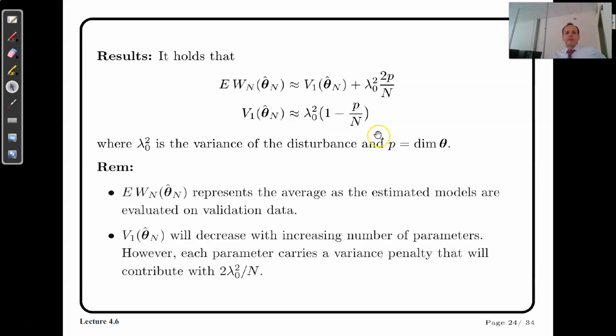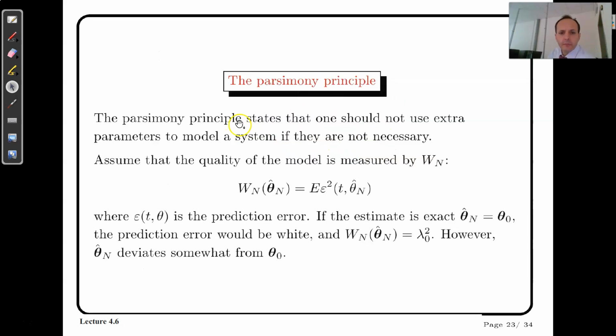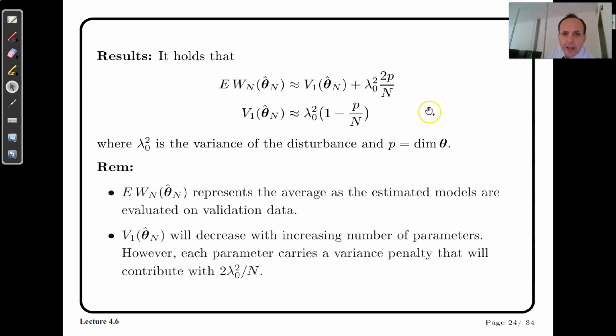So some researchers introduced, in order to measure this cost function, an indicator.